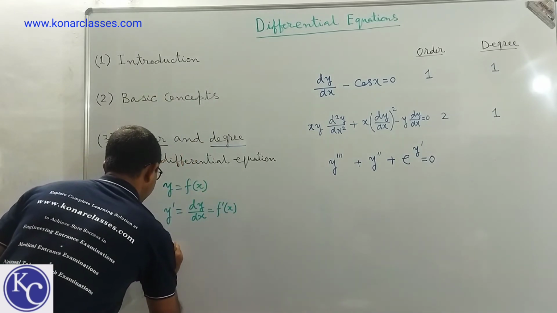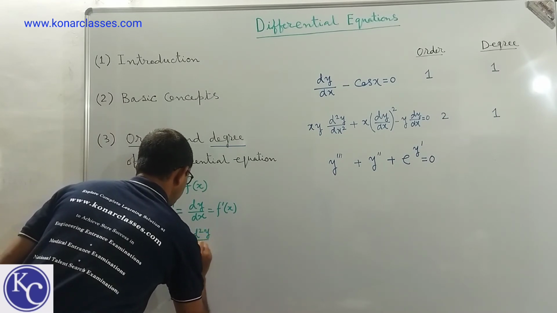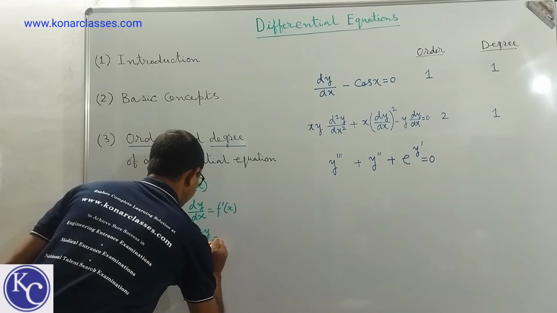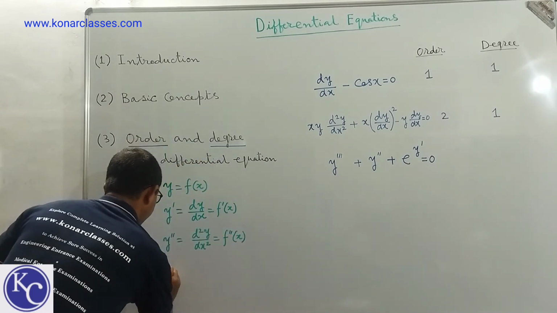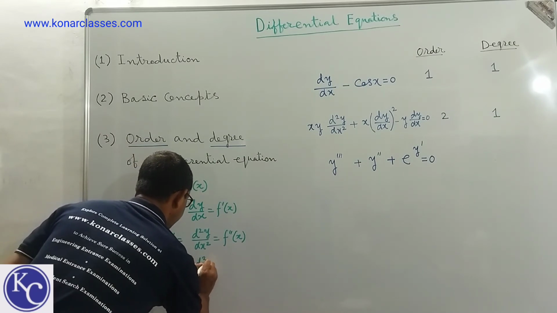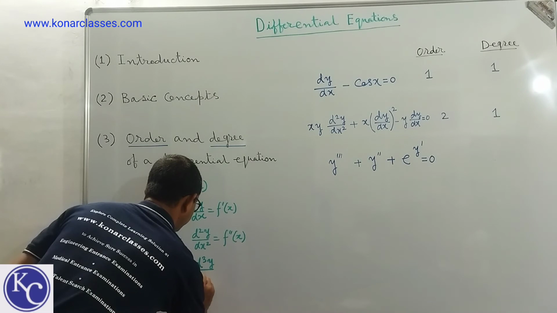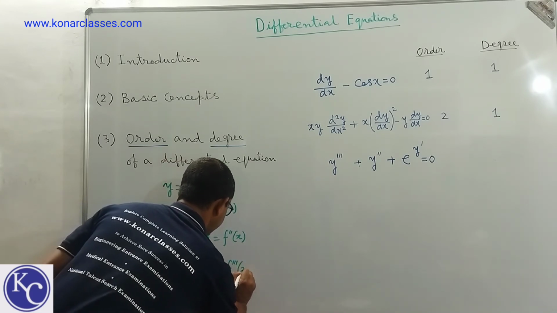Y double dash is the second order differentiation, d2y/dx2, also written as f double dash x. In a similar manner, y triple dash is d3y/dx3, that is f triple dash x.